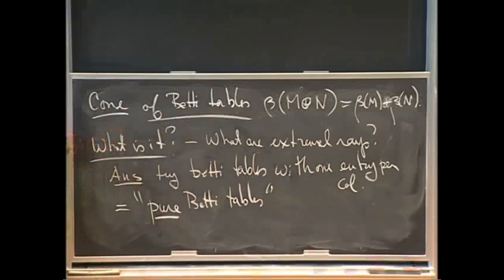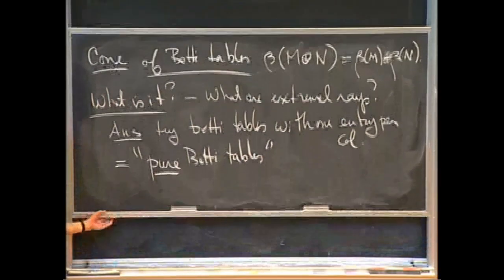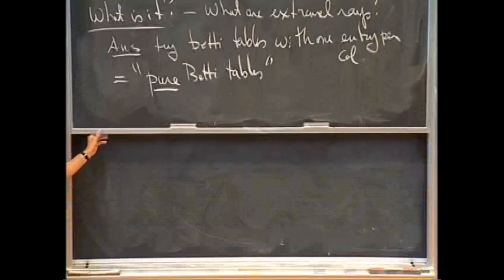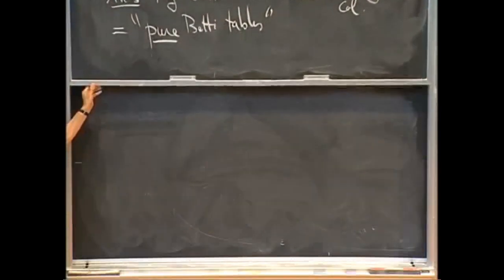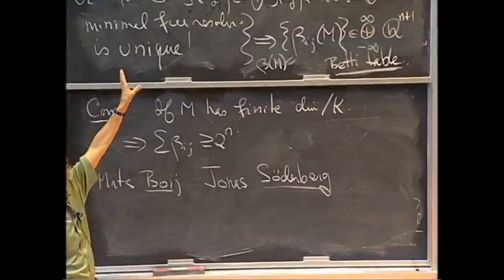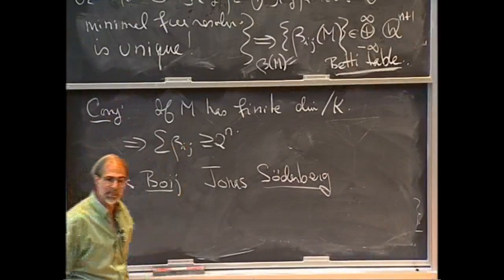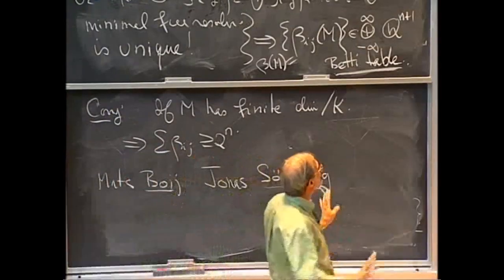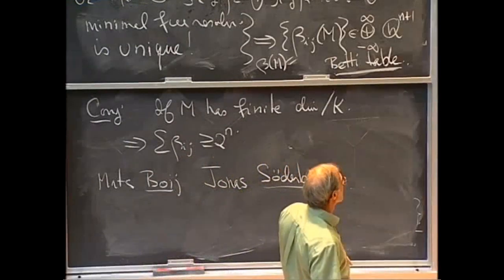And I'm going to make an additional restriction. If you're an expert in this subject, then you'll like the following statement. I want to look at pure Betti tables of Cohen-Macaulay modules. If you're not an expert, then you should say to yourself, let's stick with the case of modules which are finite dimensional over K, finite length modules. Those are completely equivalent ideas, but it would take me a while to connect them correctly.